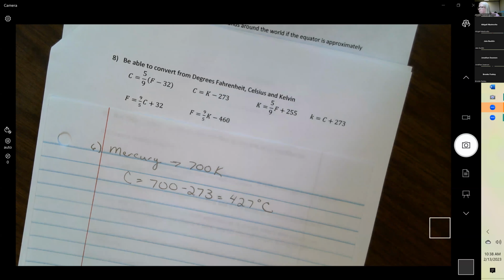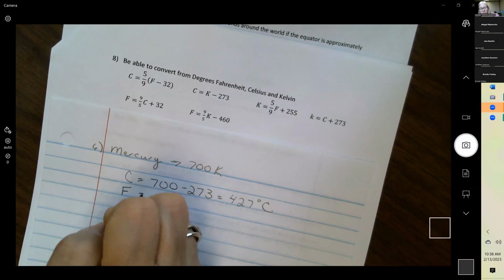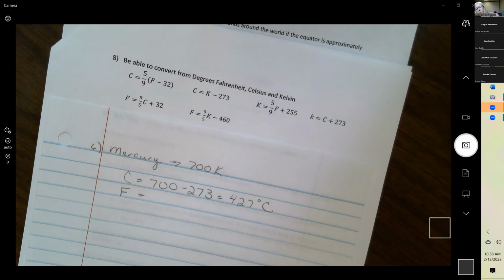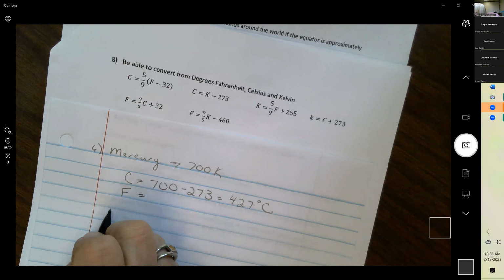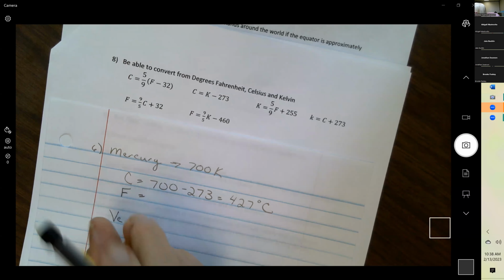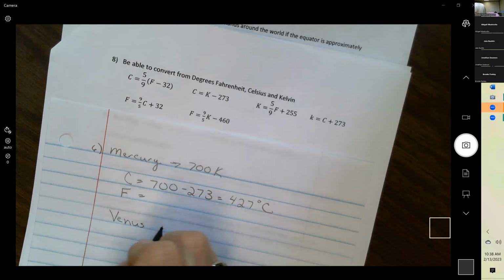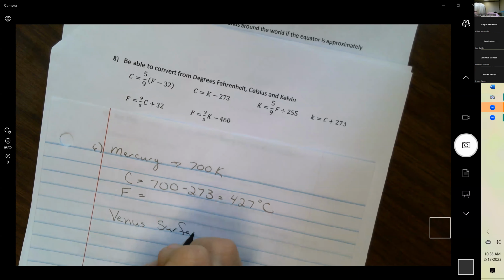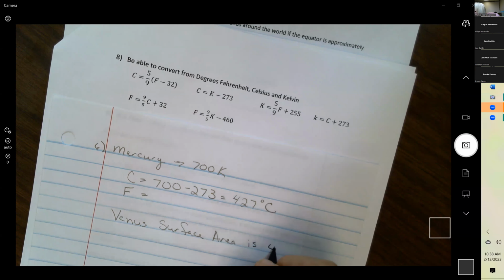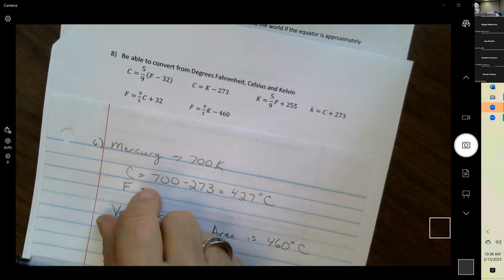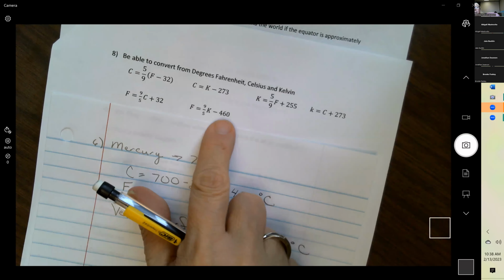Go ahead and find Fahrenheit. Fahrenheit would be this one given.